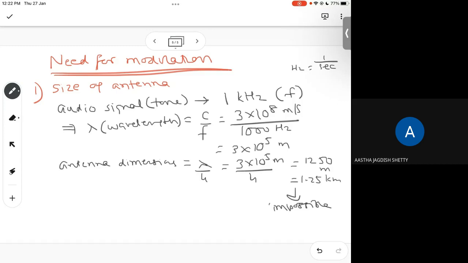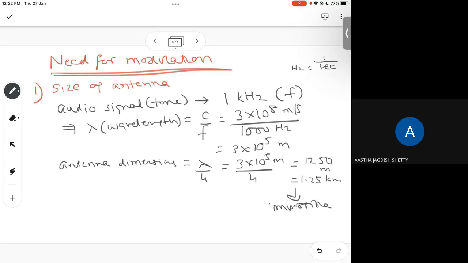Antennas are supposed to be outside, like your DTH antennas, your Tata Sky and others. They radiate very well in an open environment, because your radiation is affected if you put it in a box. When the antennas are embedded in the mobile phone, you get the advantage that it has become so handy, but ideally the antenna should be high.